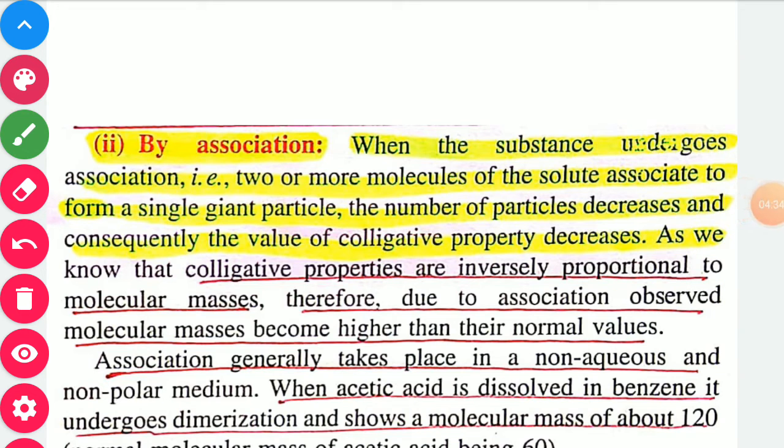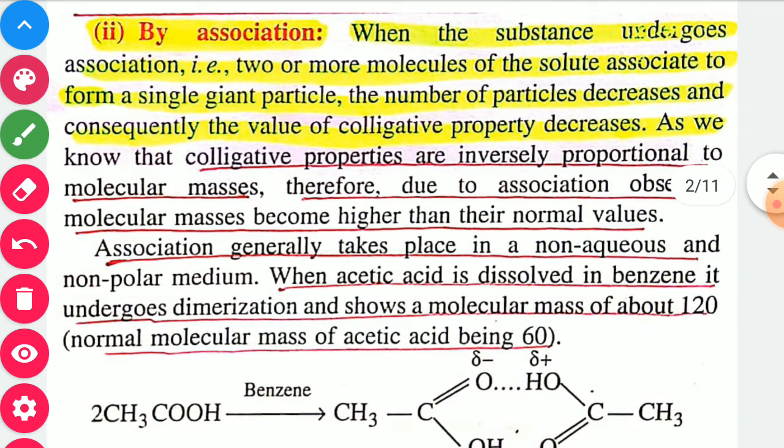Association generally takes place in a non-aqueous and non-polar medium. When acetic acid is dissolved in benzene, it undergoes dimerization. Means two molecules of ethanoic acid are joined with hydrogen bonding and counted as one molecule.